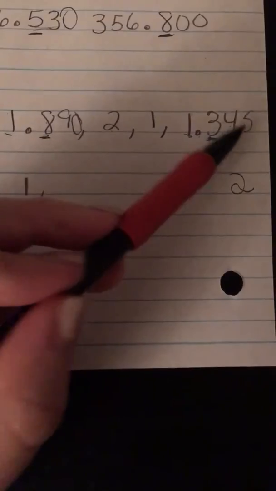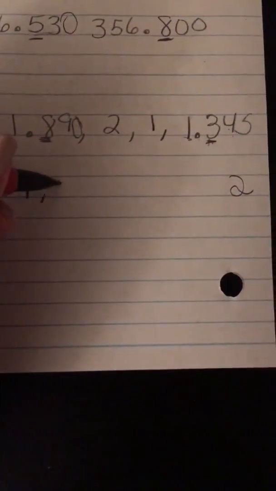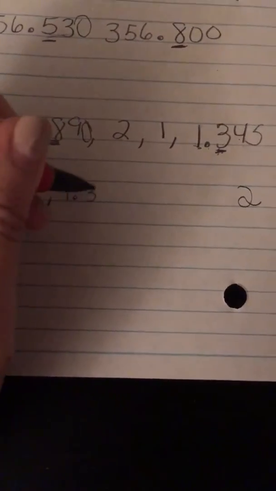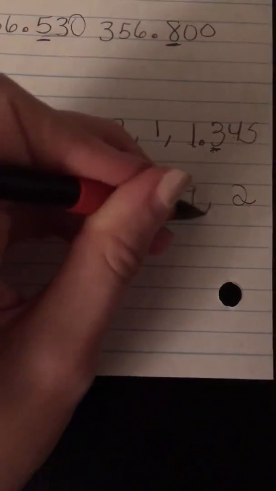If I add that 0, 345, 890. Remember, go by place value. Just look at the next place value. 3 smaller. Smallest to largest.